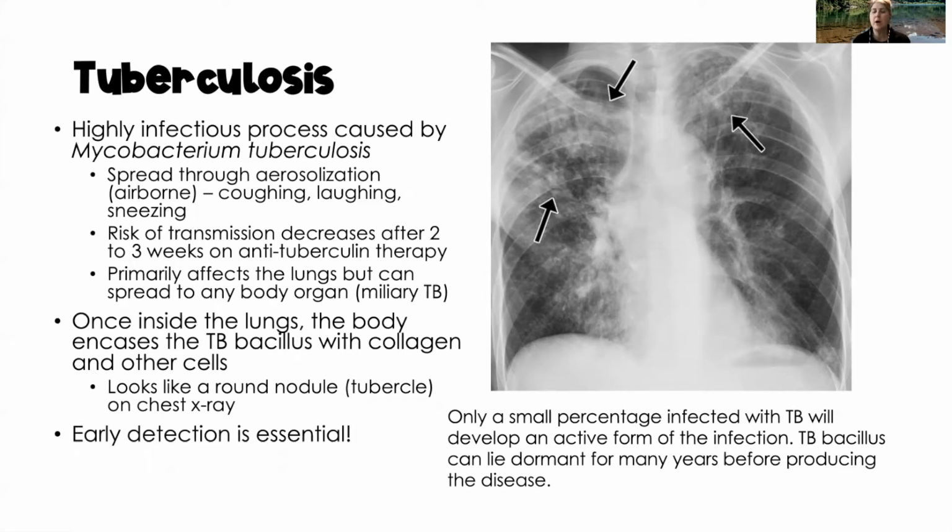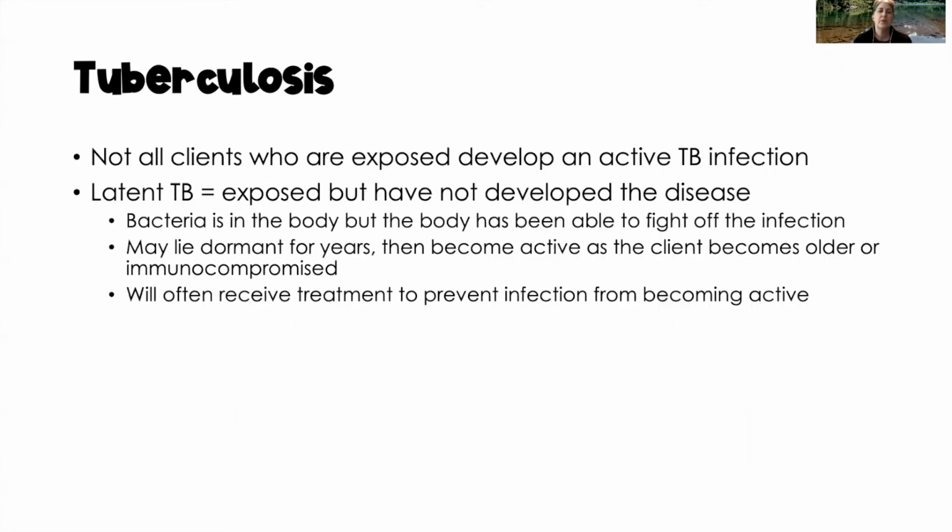Now, only a small percentage of people who are infected with tuberculosis will develop an active form of TB. Other people will develop what is called latent TB, in which the bacteria will lie dormant in the body, and this could be dormant for years before it actually becomes activated into an active form of tuberculosis. So latent TB, of course, that is people who have been exposed but have not developed the disease.